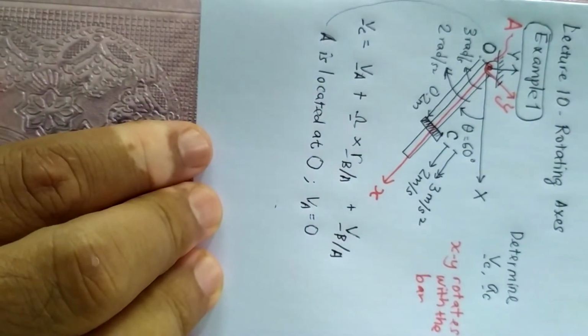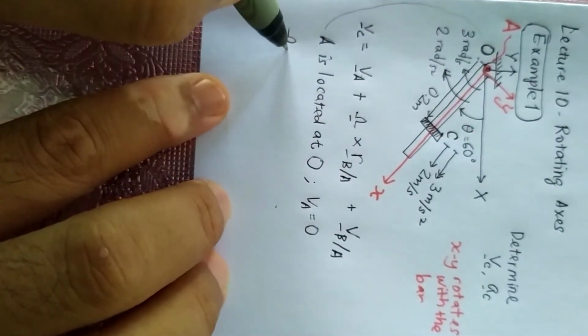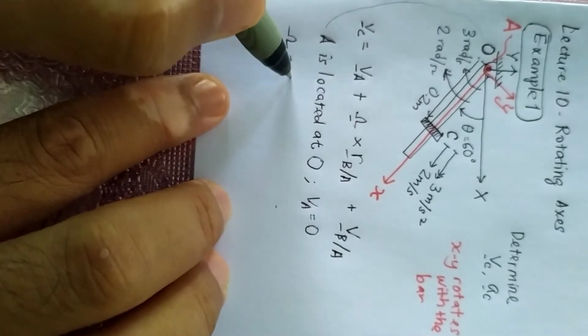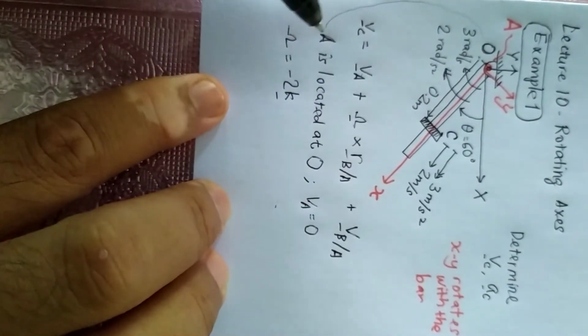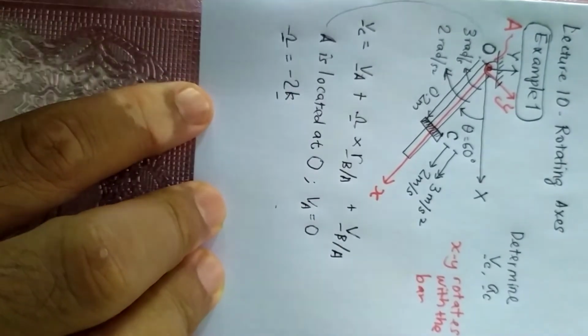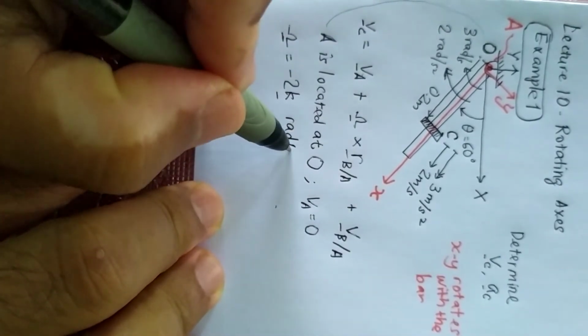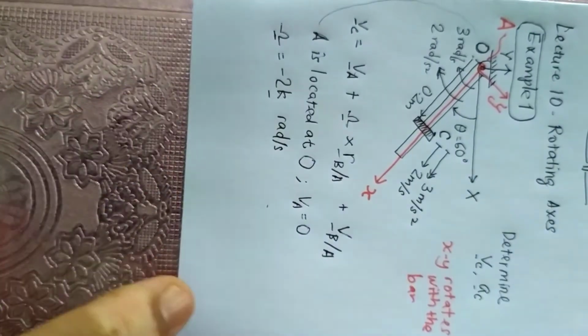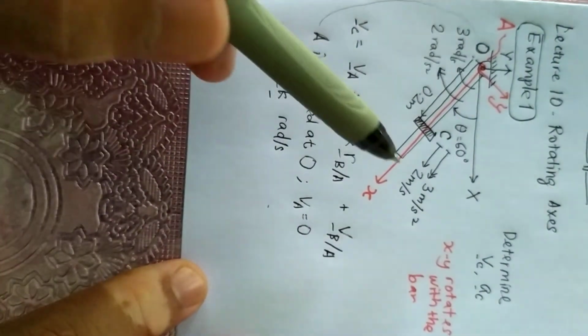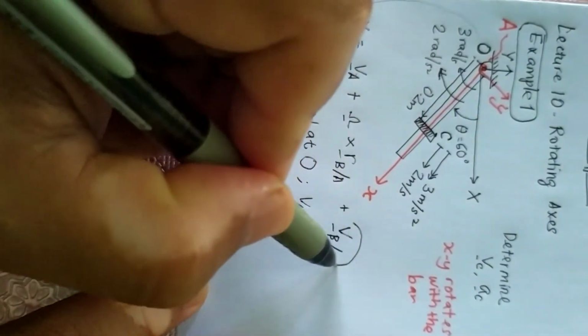Okay. And omega is known. We know what omega is. Omega is minus 3k radian per second. By now you should know the vector representation of the angular velocity. And what is B relative to A? Sometimes it's easier to get V relative.